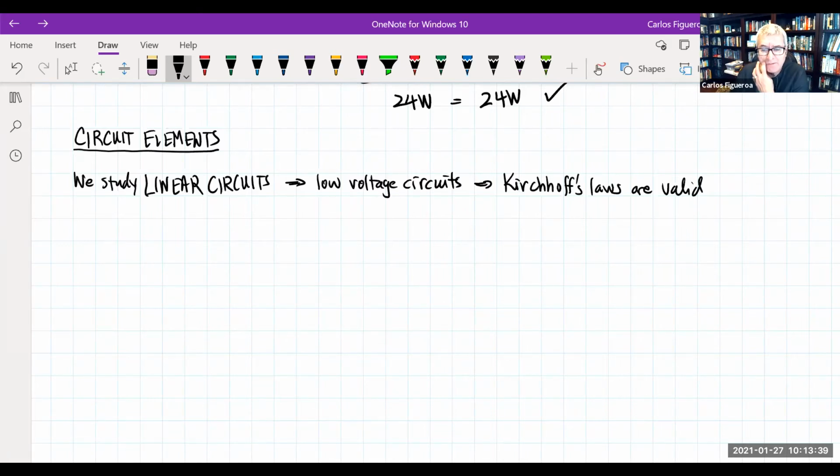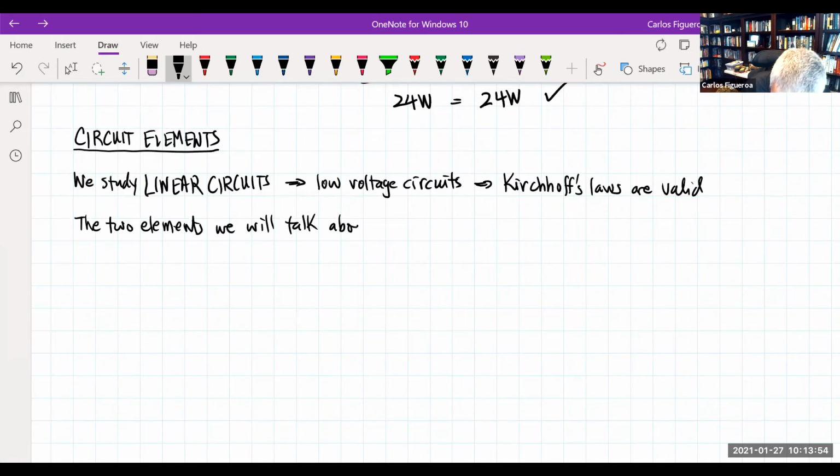So the two elements we will talk about are resistors and power supplies.